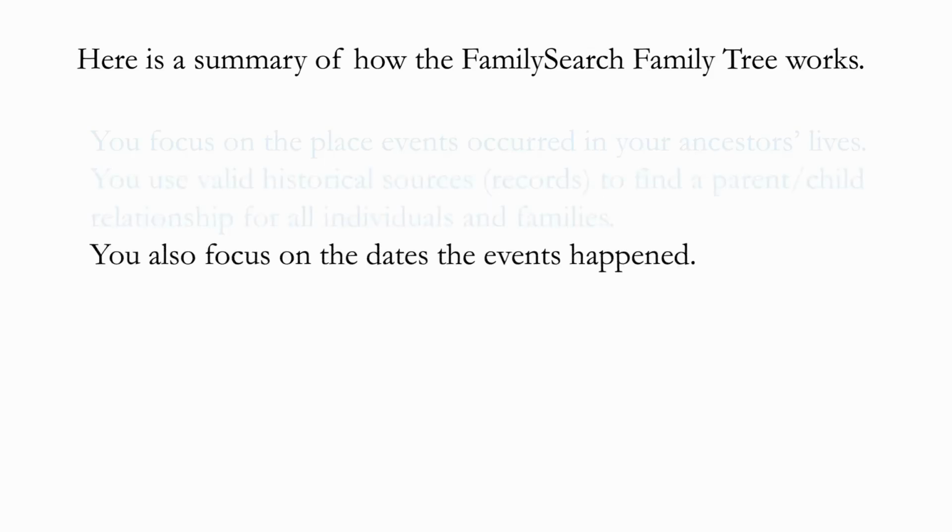And then when you've got the places sorted out and you know the place where this event occurred, then you can also focus on the dates that the events happened. Okay, so what were the circumstances that occurred, and the places as they're officially or governmentally constituted evolve over time.